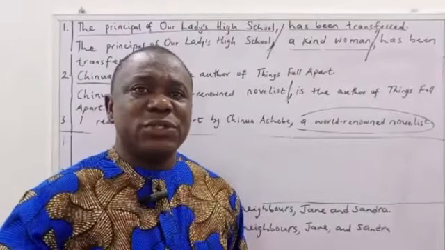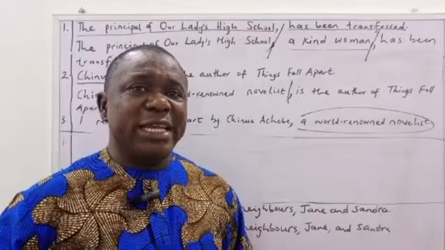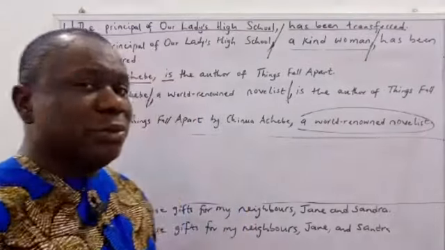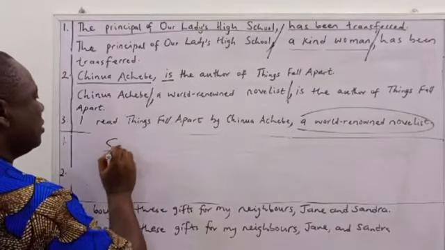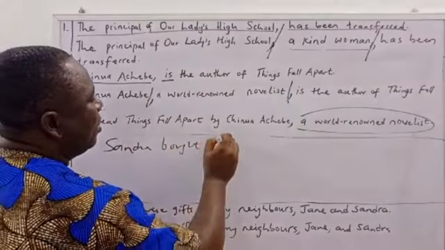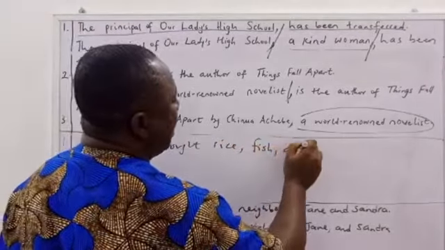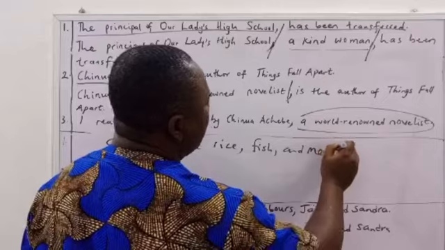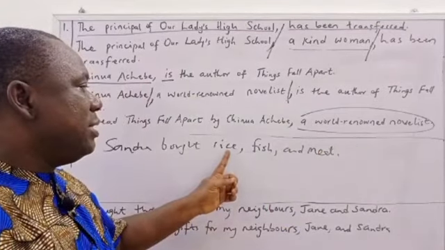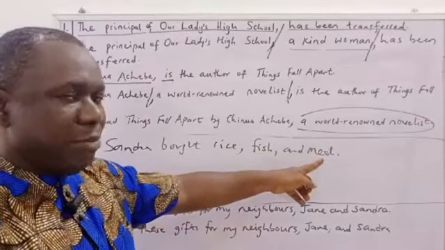The comma is used to separate a list of items, especially if there are more than 3 or 4. For example, Sandra bought rice, fish, and meat. Sandra bought rice, use a comma, fish, a comma, and meat.